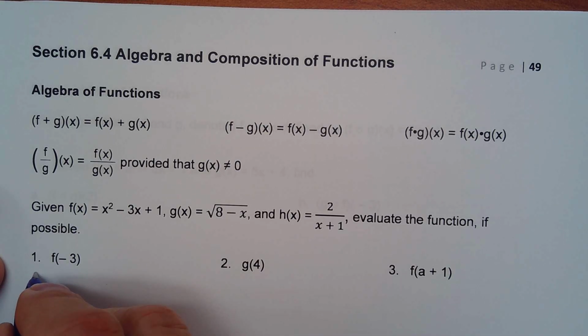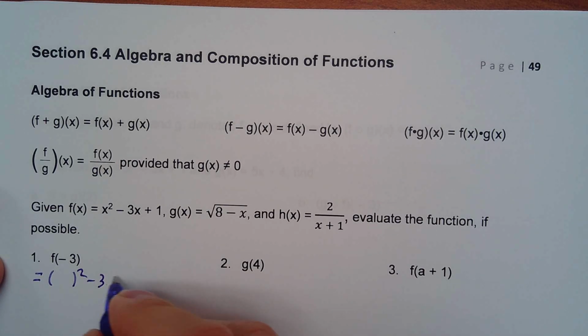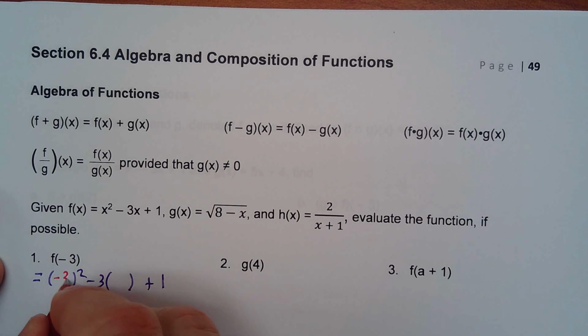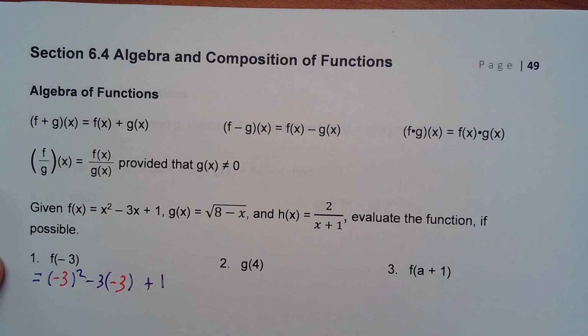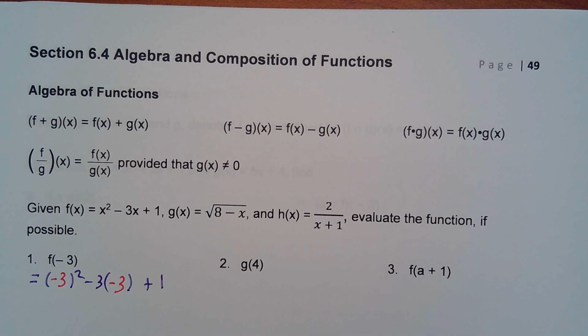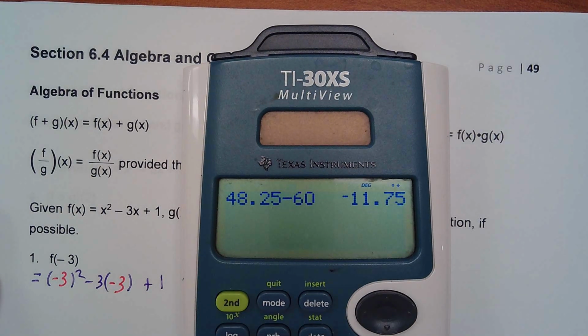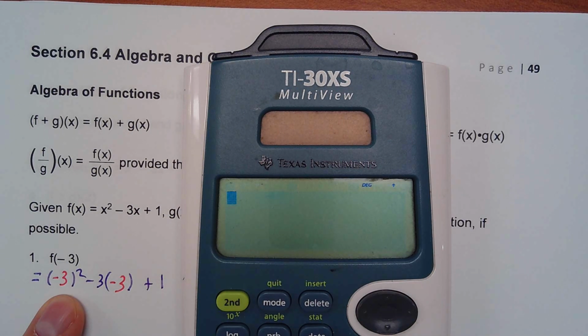So here we're going to plug in -3 for x into f. You can do this on your calculator, or we can do it by hand, either way. Remember, if you want to do it on your calculator, you have to be careful how you're entering exactly how we wrote it here.